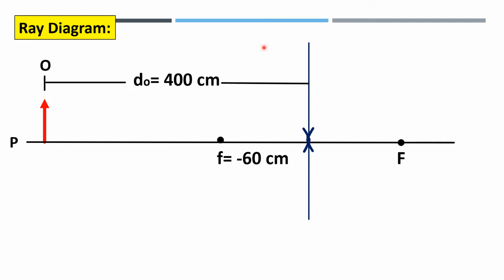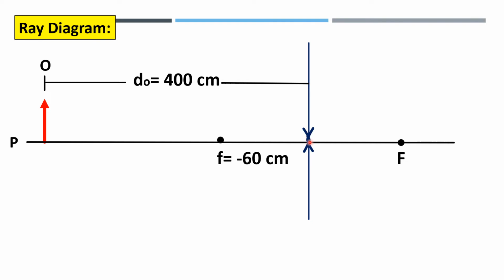Now, let's imagine that this is the lens, located on this side. That is how we symbolize a diverging lens, also known as a concave lens. Notice that the lens is thinner at its geometric center than at its edges.